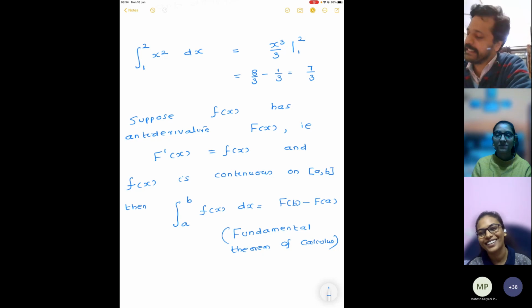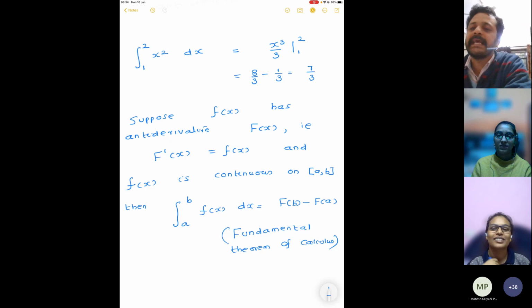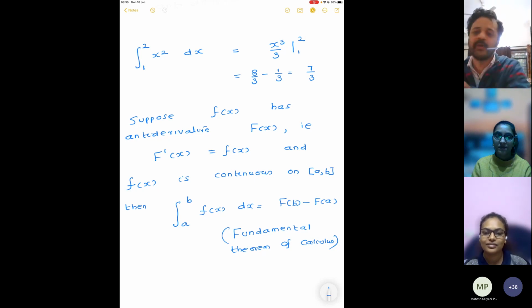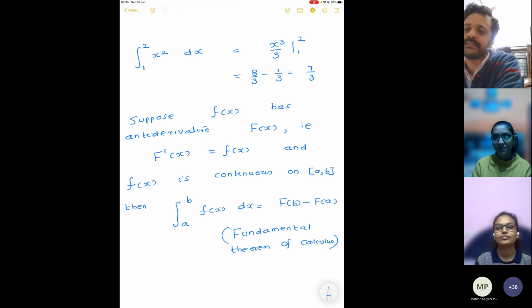And that person is the fundamental theorem of calculus. Otherwise, they have their own existence in a different world. They are not same. Are you with me? So it is not like a person with beard and without beard. No. One place you are putting 1 and 2, and antiderivative means you will just put integral x square dx. So it is not like same person with beard and without beard.